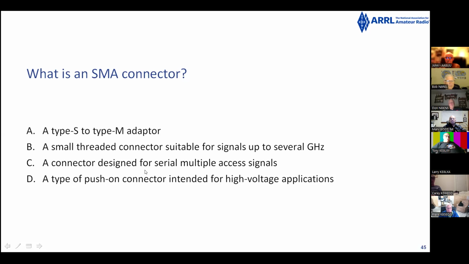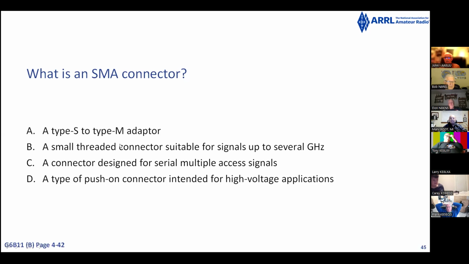A connector designed for serial multiple access signals. I'm having trouble remembering what that is. Yeah, it's B. Ethernet, I think. Or a type of push-on connector intended for high voltage applications. And that, no. So the answer is B.